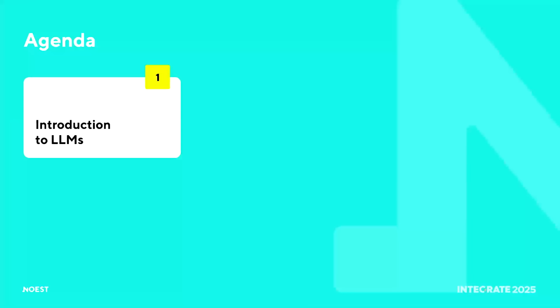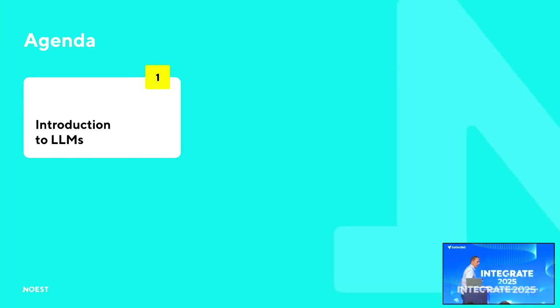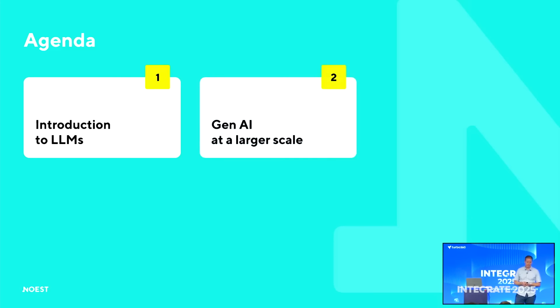So, on the agenda for today, first of all, an introduction on LLMs and tools, because everybody here is talking about LLMs, tools, and so on, but I really want to explain the basics, how it works, how an LLM is actually able to access your data. I think that's a very important one to get everybody on the same page.